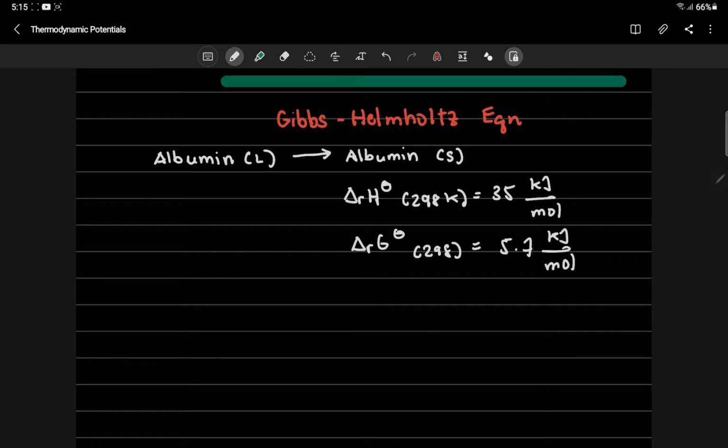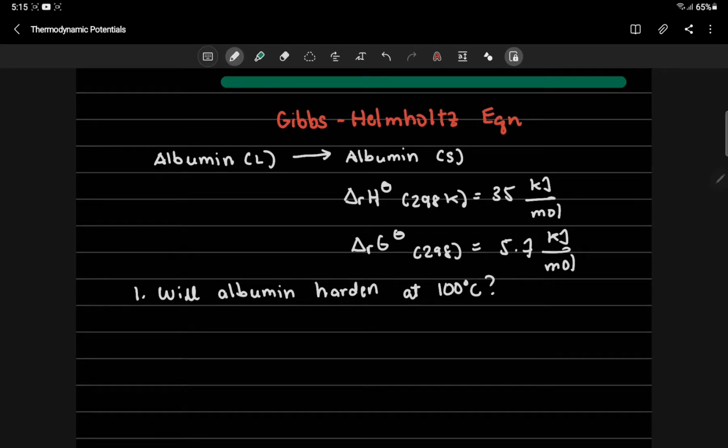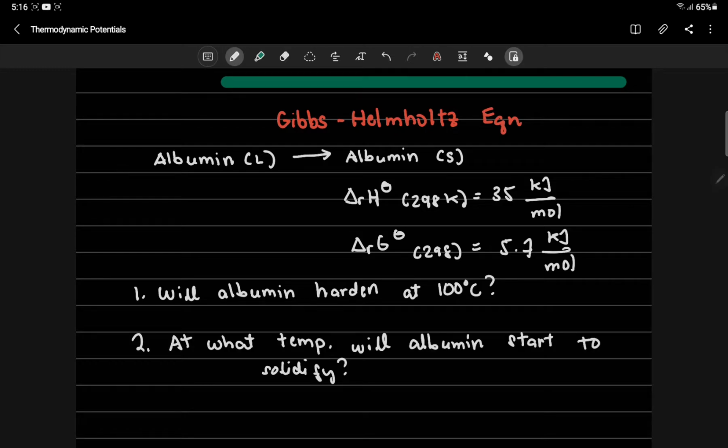Now, here are my questions. Number 1, will albumin harden at 100 degrees Celsius? So, kung 100 degrees Celsius yung temperature kung saan nagbo-boil kayo ng water, kung saan nyo ilalagay yung egg, at that temperature, titigas ba ang albumin sa egg? And my second question is, at what temperature will albumin start to solidify?